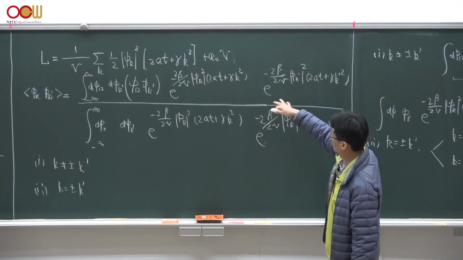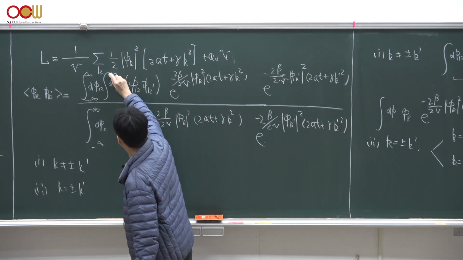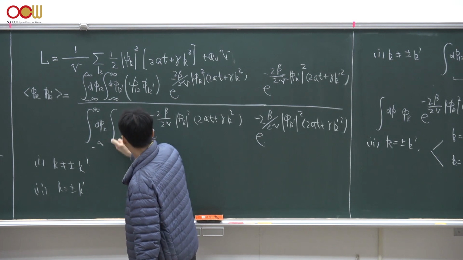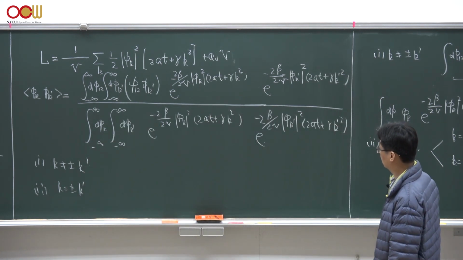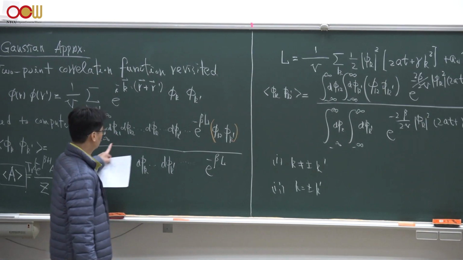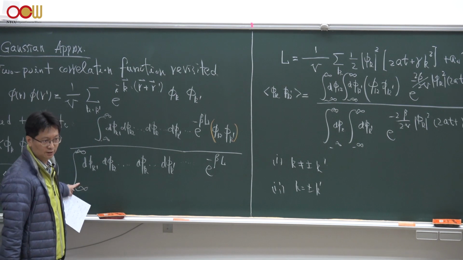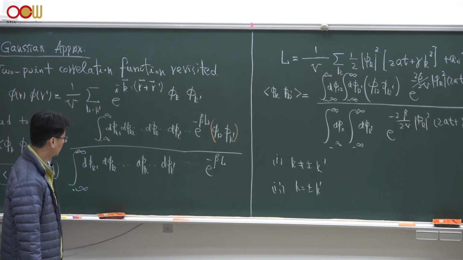Once we plug that in, effectively what we need to evaluate is just this double integral over d phi_k and d phi_k', where k and k' are momentum indices of all these different k values in Fourier space.